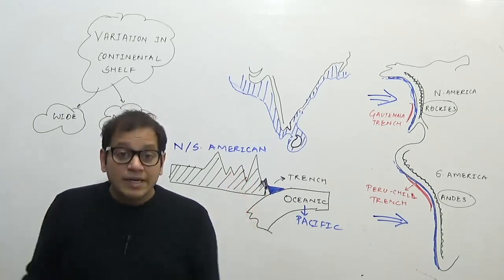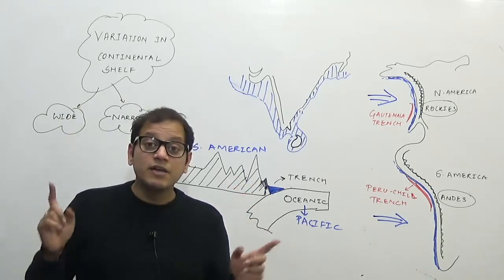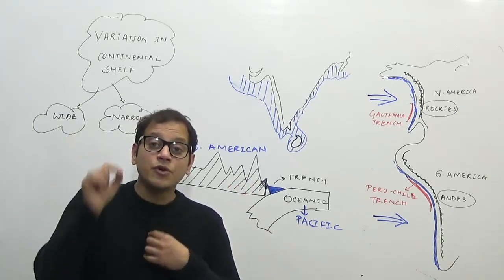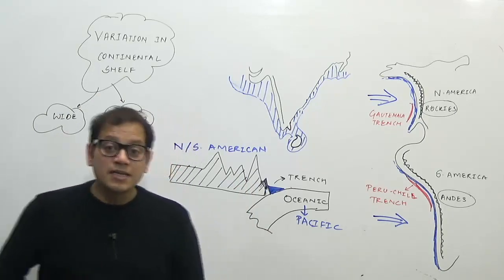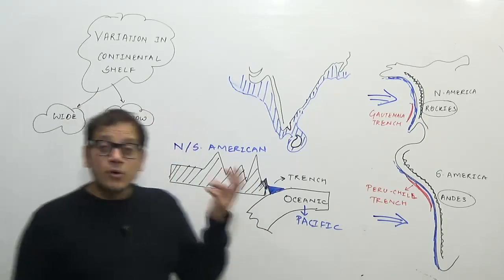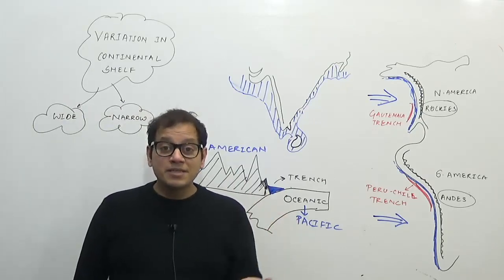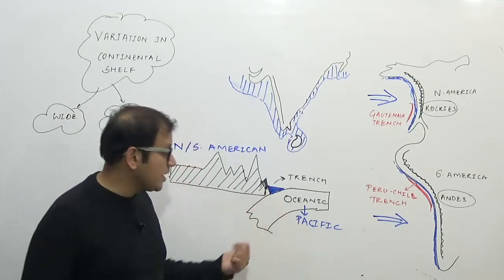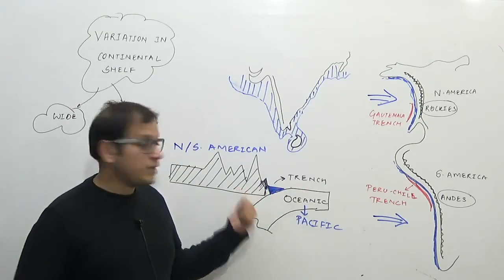So the one thing we can generalize: the continental shelf is narrow when the fold mountains are parallel to the coast. The other thing we can generalize is that the oceanic trenches lie parallel to the fold mountains because they represent a subduction zone, the area where the oceanic plate is going below the continental plate.